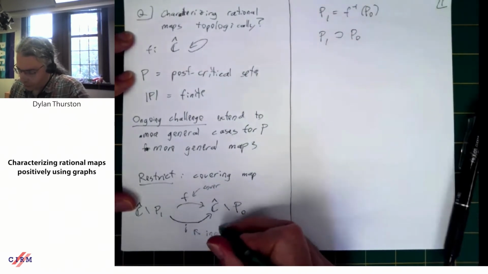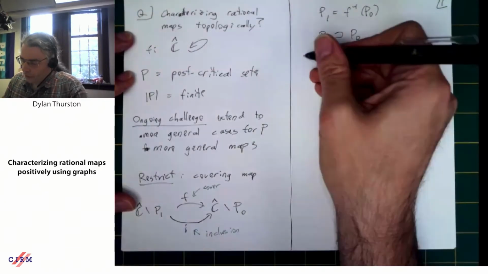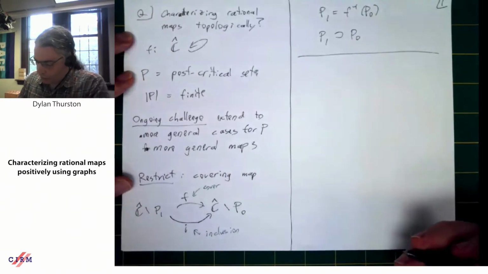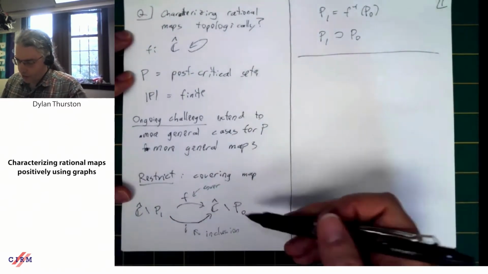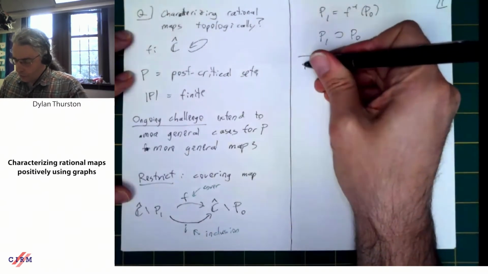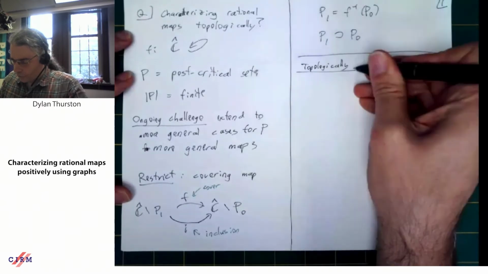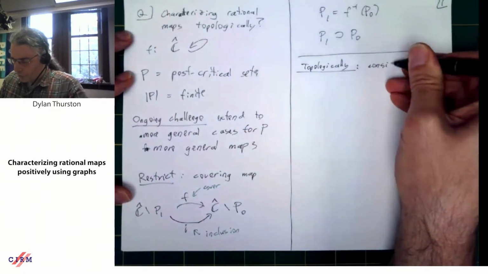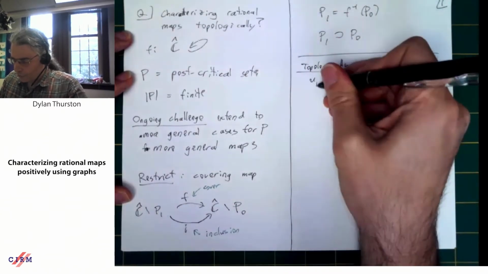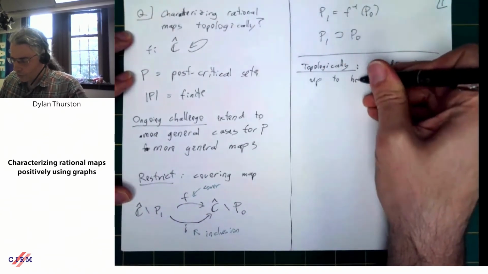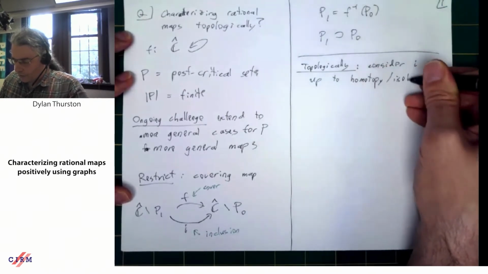So this is some other map. And then we want to make it more topological. We don't want to pin down the exact map. So the natural thing to do topologically is to consider this inclusion, I, up to homotopy or isotopy.